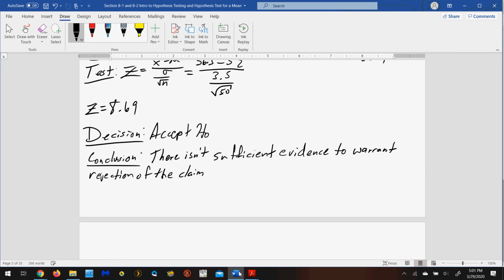And what was that claim? It was that the yearly, if you put annual, that's fine as well, pop consumption is at least 52 gallons.